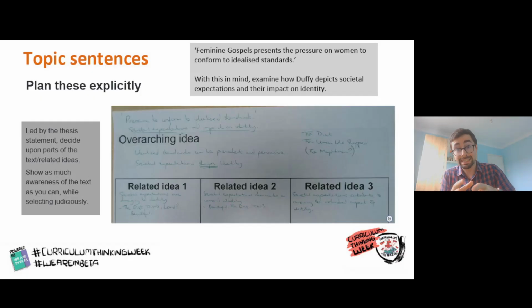So with that slightly different thrust, we'd have a second paragraph. And finally, the third one, societal expectations contribute to removing female individuality within identity. So all those 3 ideas come within the bracket of shaping identity, but just with that focused planning of what is the particular characteristic, the particular subdivision of the overarching thesis statement.